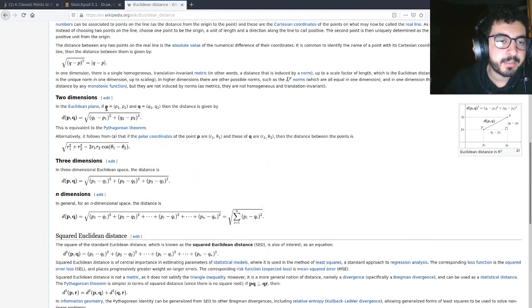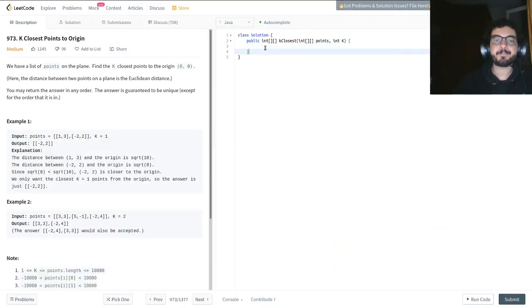So basically, for P1, P2 and Q1, Q2: (x2 minus x1) to the power 2, and (y2 minus y1) to the power 2. So let's just do that. What we want is the K closest points to origin. Let's trace the example.